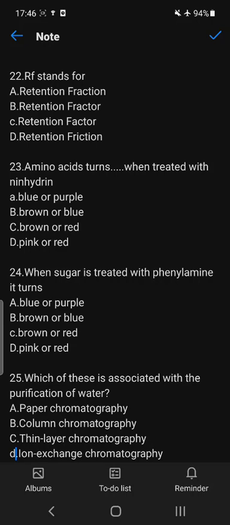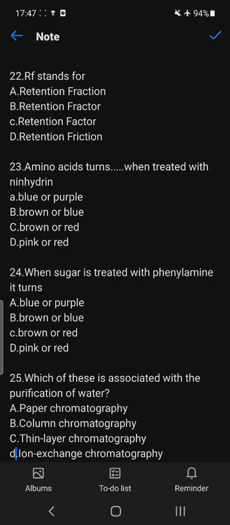It is also called sodium aluminosilicate, NaAlSiO3. It is used to convert hard water into soft water. So ion exchange chromatography is associated with water purification.